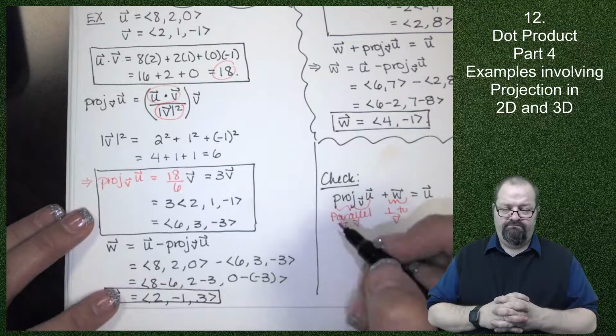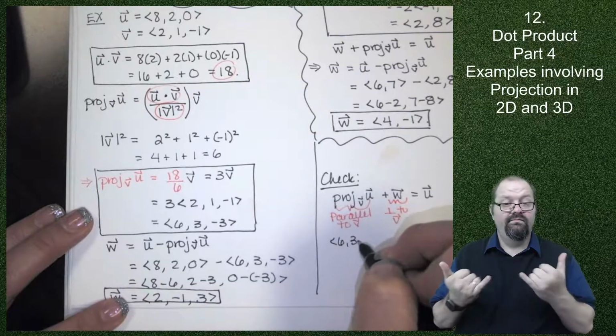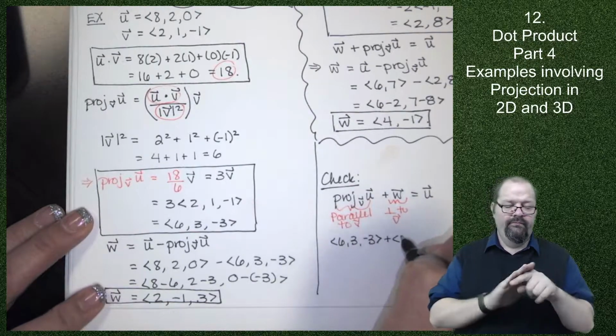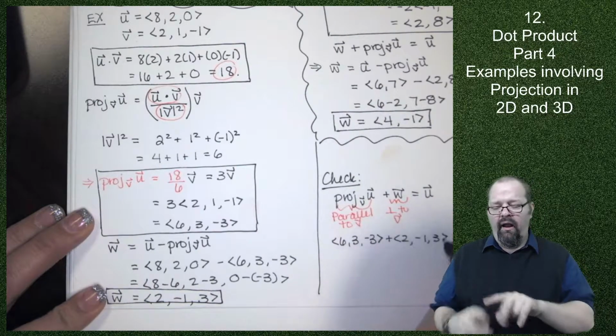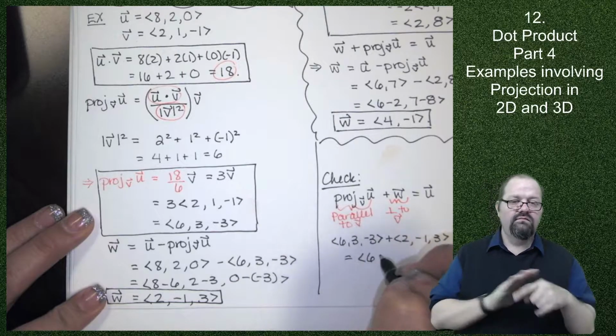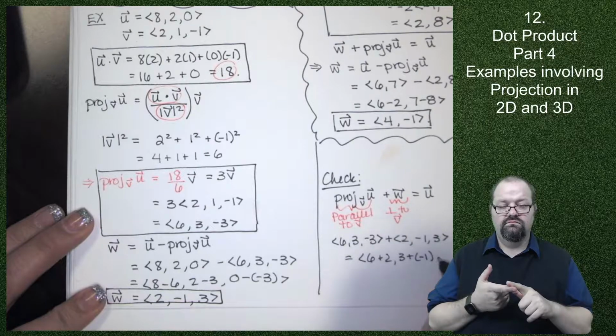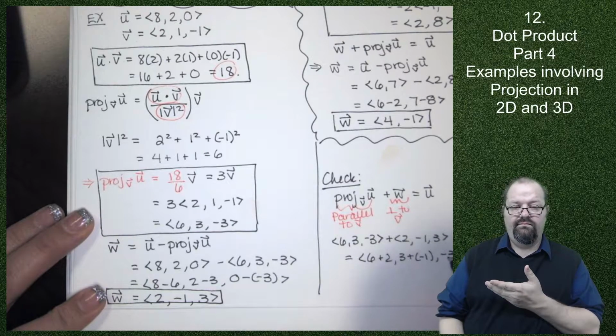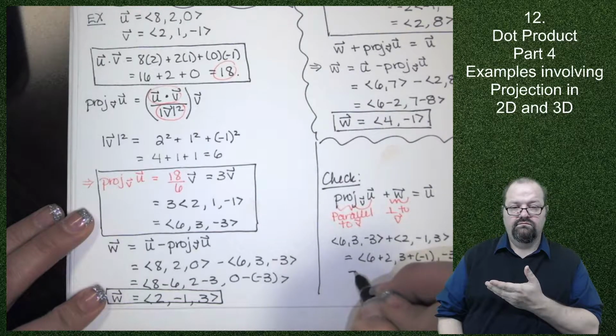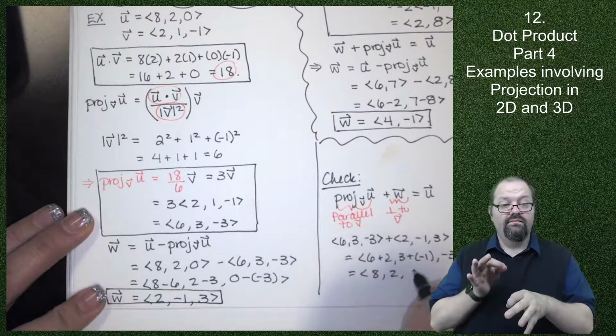Okay, so I've got 6, 3, negative 3. If I add that to 2, negative 1, 3, let's do that. I have 6 plus 2, and 3 plus negative 1, and negative 3 plus 3. If we simplify, we get 8, 2, 0.